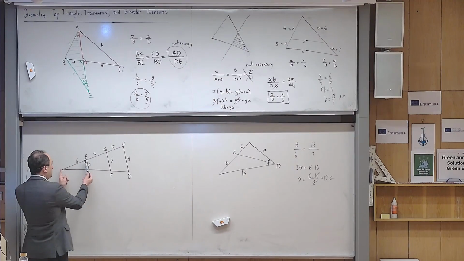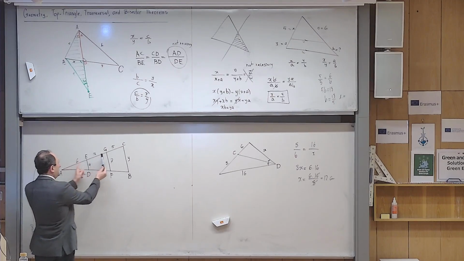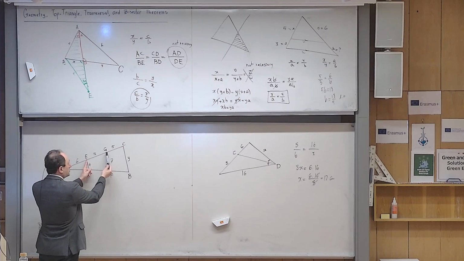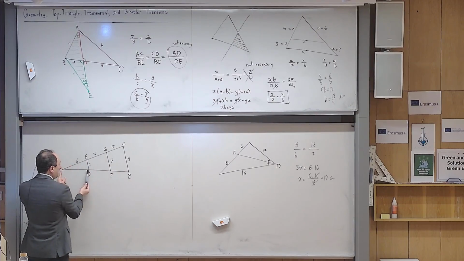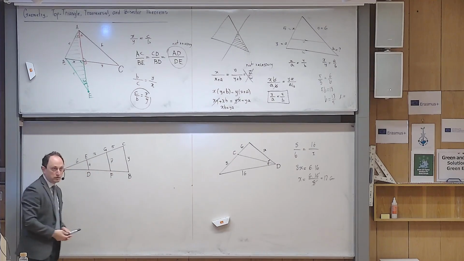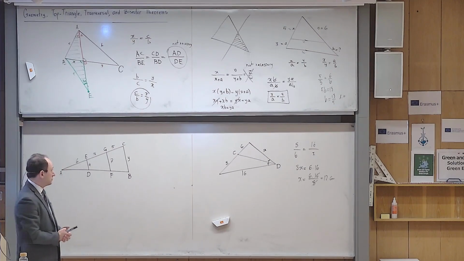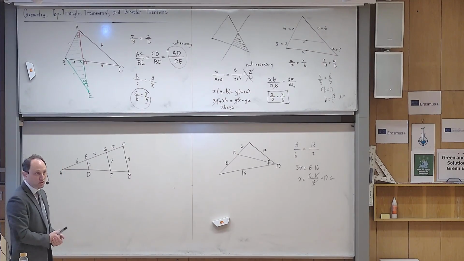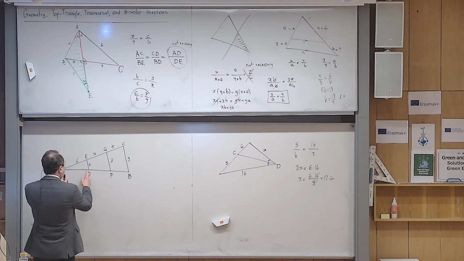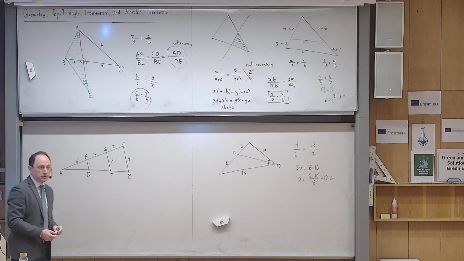Why? Because then you need to write this one over that one. So far so good. But then you have to write this one over that one. None of them is given to you. So even though it seems to be a transversal theorem, it is useless because I do not have any pieces of information regarding these sides.